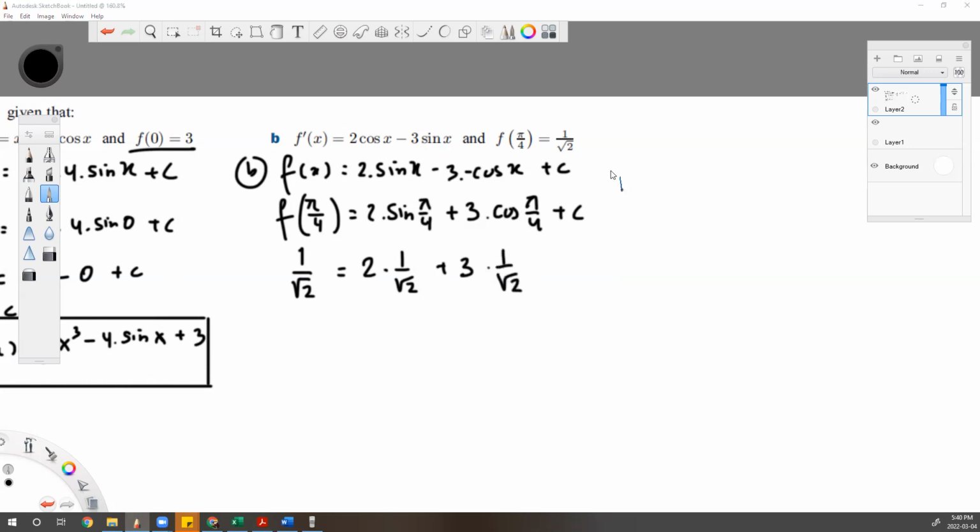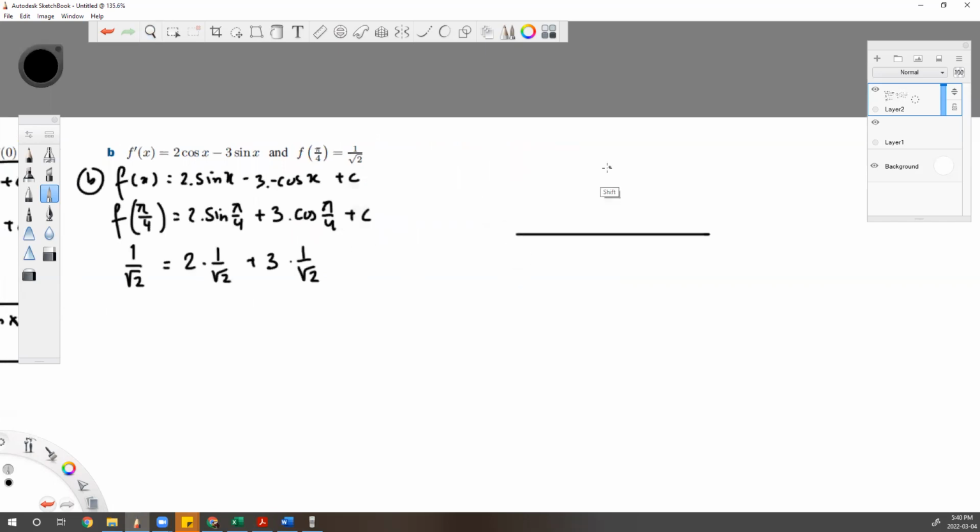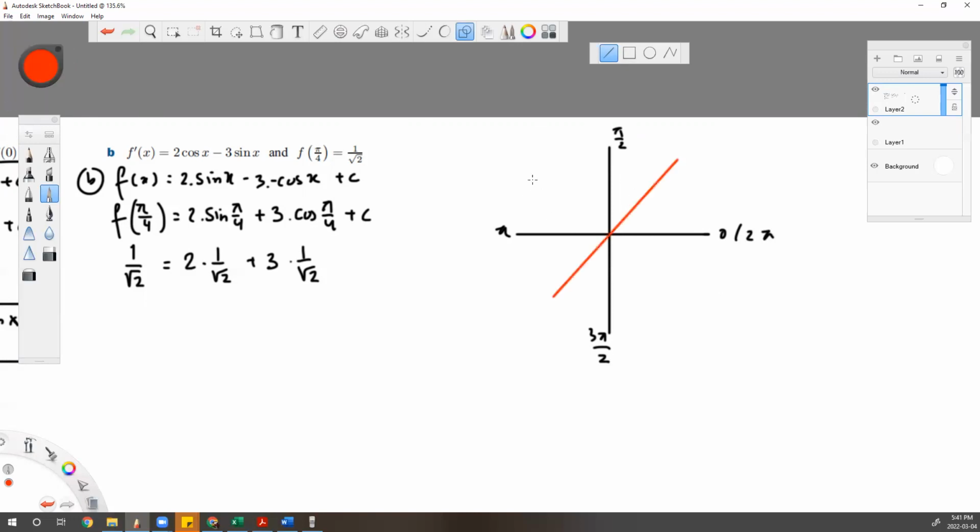You need the help of this thing, remember, cosine. 0, pi over 2, this is pi, this is 3 pi over 2, this is 2 pi, and the hard part is this. You need to memorize pi over 4. This will be 1 over square root 2, 1 over square root 2. This will be negative 1 over square root 2, 1 over square root 2, right?